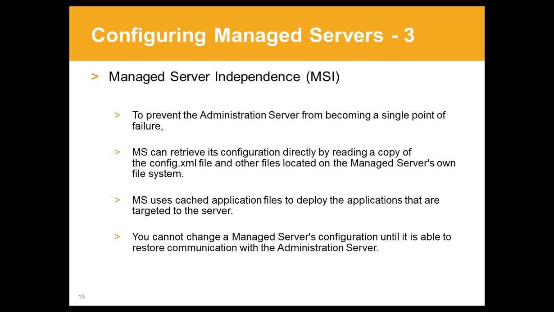Then I will not be able to make any change in the configuration. I will not be able to see the configuration, how many managed servers I have, how many JDBC resources I have, or what kind of JMS configuration I have put. All those details I will not be able to easily see.